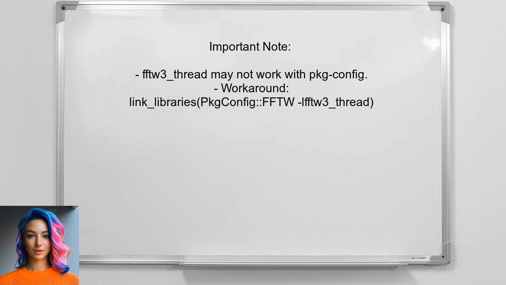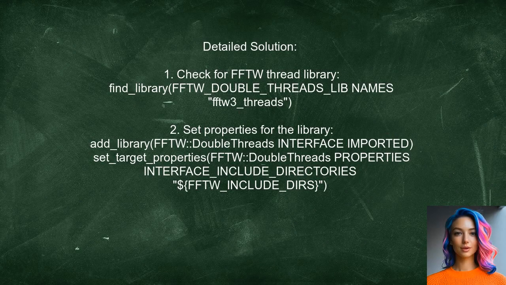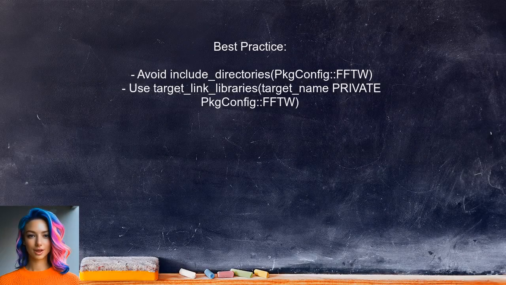However, there is a workaround to include it by linking it directly. Additionally, another user provided a more detailed solution for including the thread component, which involves checking for the library and setting properties accordingly. Lastly, it's suggested to avoid using include_directories with pkg-config and instead use target_link_libraries for better practice.